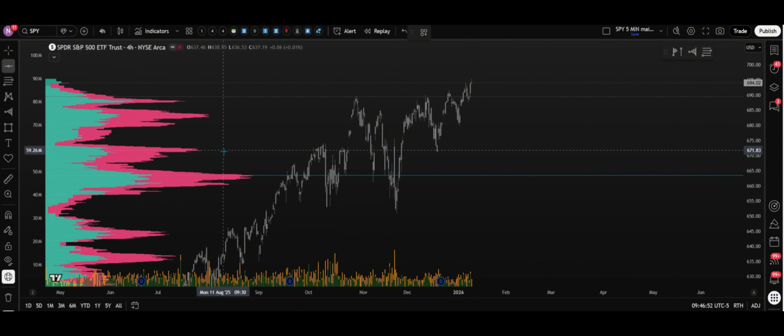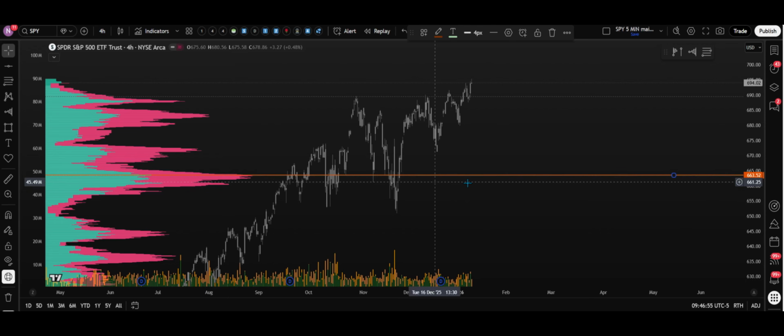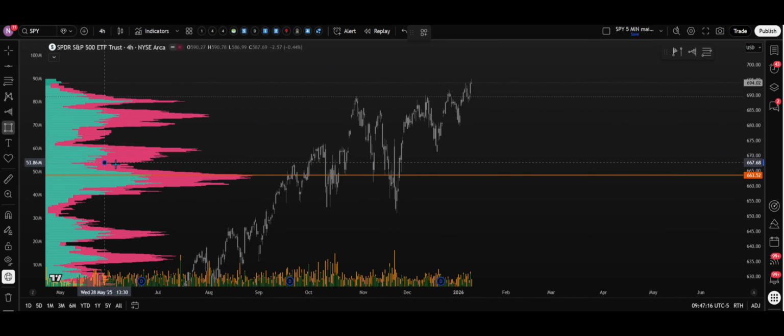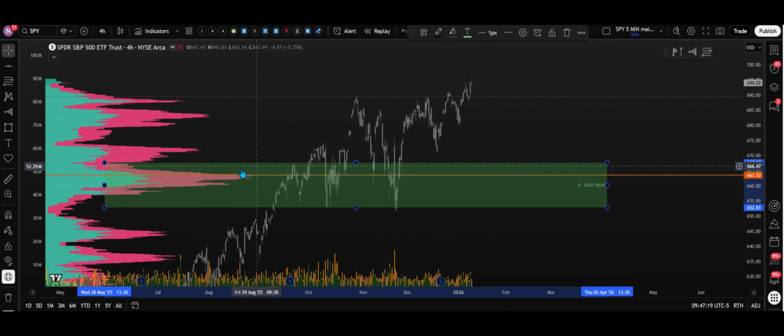The other thing about the volume profile that I do want to go over in this video, however, is the point of control. So the point of control, just as a refresher, is the heaviest volume zone of the entire profile. This is where buyers and sellers are both conducting the most business. So more or less when price is within this volume peak, this price level is going to be the highest transacted price.